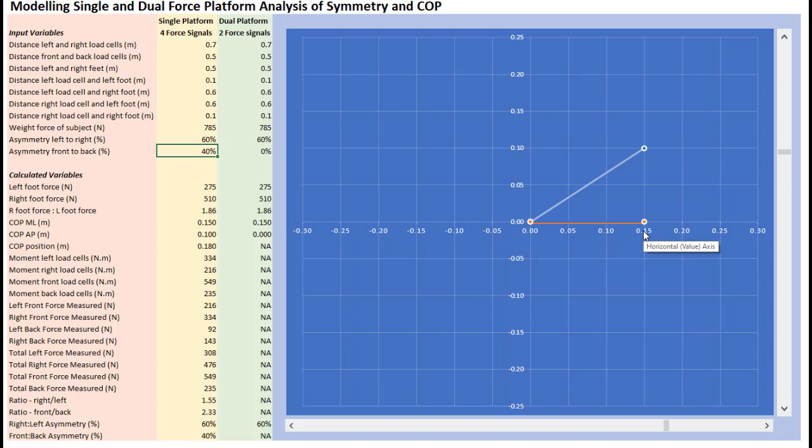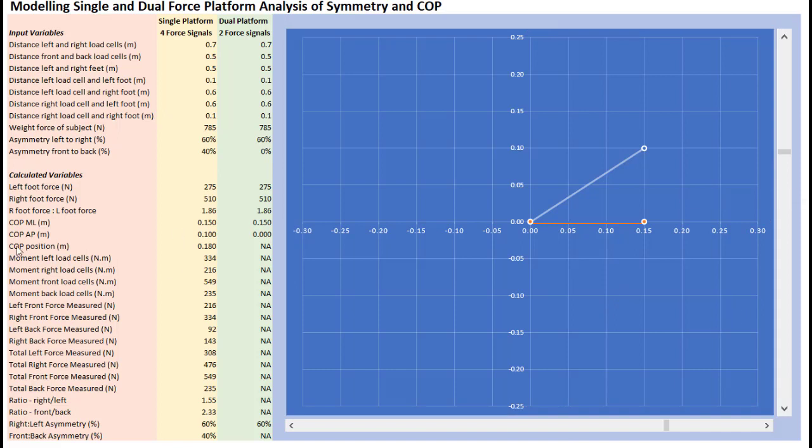And they can only determine the shift in the center of pressure to the left or right if the distance between the 2 feet is known. The distance between the 2 feet, whilst we've entered it here at 0.5, is not actually required to determine the center of pressure for a single plate system. The center of pressure for a single plate system can be measured simply using the 4 load cell signals.